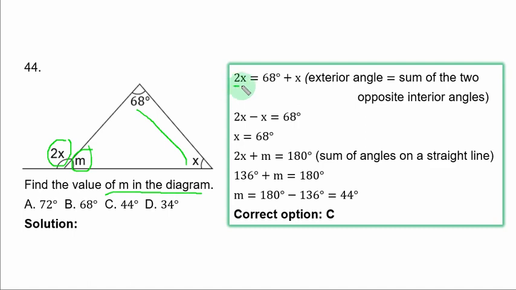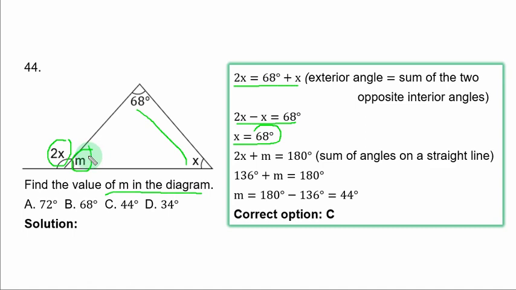So 2S is equal to 68 degrees plus S. If you collect like terms, you have 2S minus S equal to 68 degrees, and S is equal to 68 degrees. Okay, to get M now, you have two options.